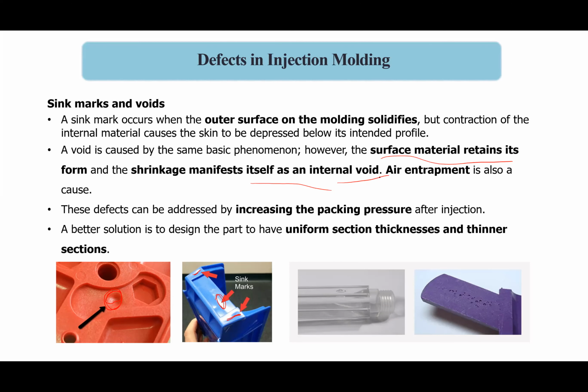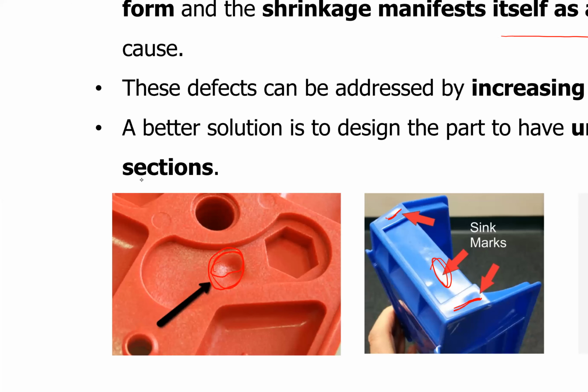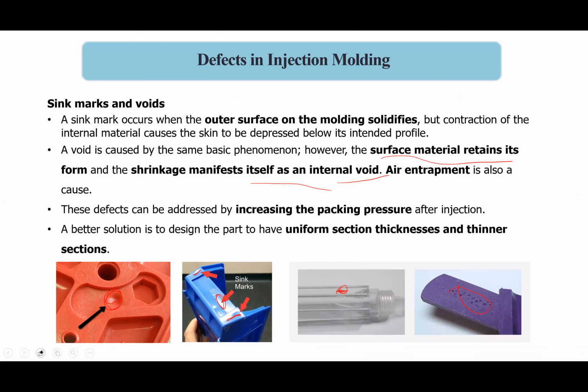Yes, something like this. The material surface is okay, the material surface is smooth. You'll see something like this. I think if you have seen low quality plastic products, in some of them you'll see defects like this.